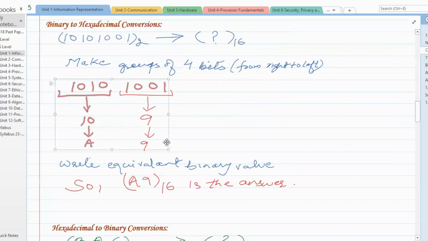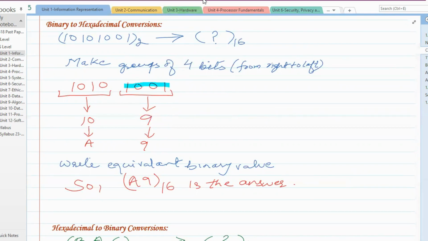So where were we? Yeah. So first step is make group of 4 bits. Okay. Now for each individual group, look for the corresponding hexa value. Okay. So for this we have 9, or if you remember how to convert, you know that this is 8, right?